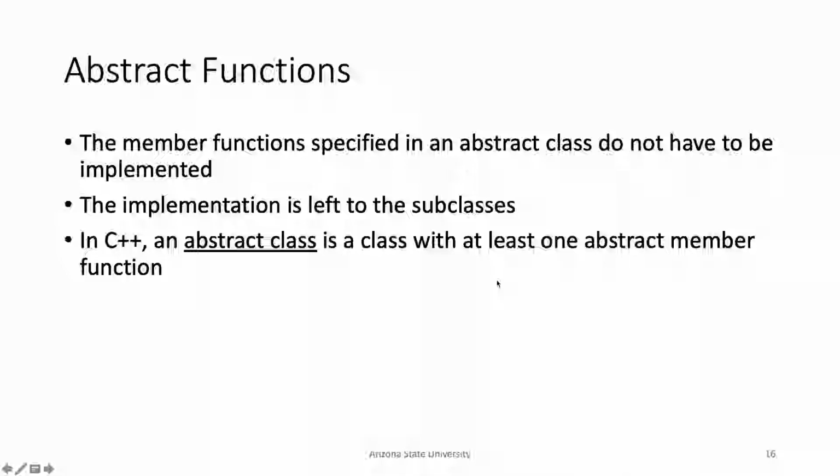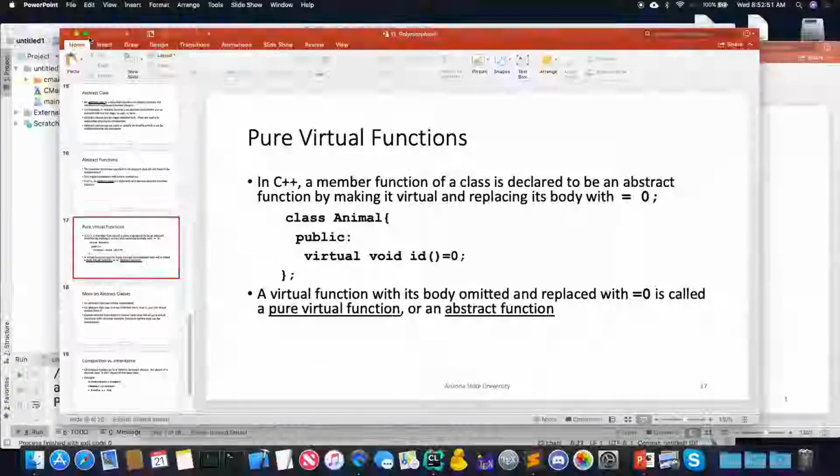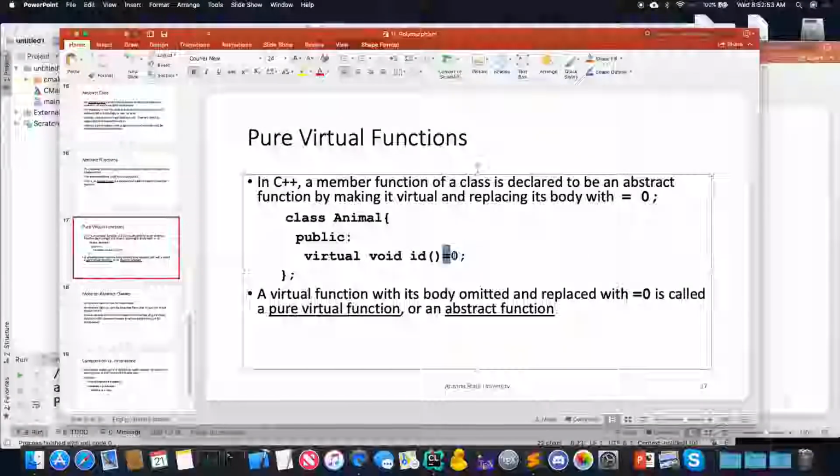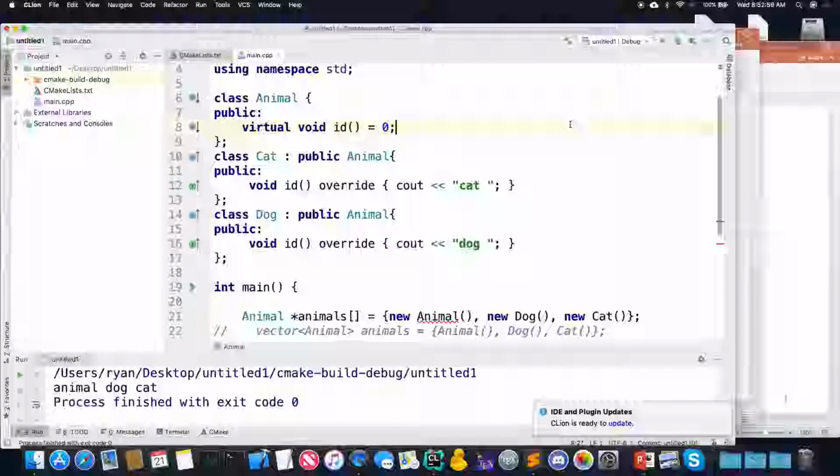So then you may wonder, how do we make an abstract function? The way we do that is by using a pure virtual function. And how do we do that? We use equals 0 here. So if we change this definition to say equals 0, then this ID function now is a pure virtual function.